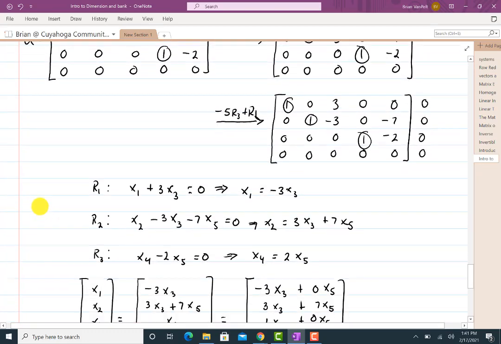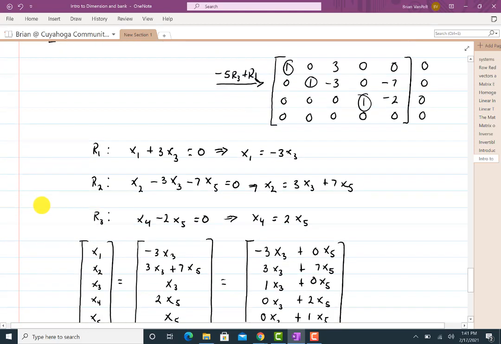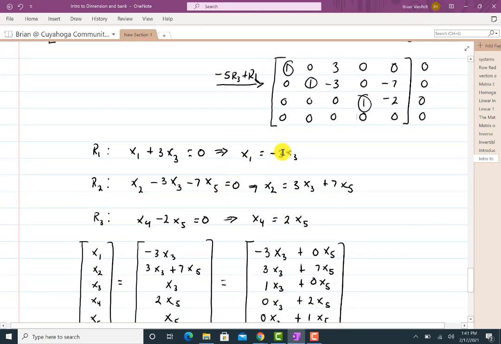However, when we were solving for null A, the things that we were looking for was this, 3x3. See it there? 3x3. And then negative 3x3 is on the other side. And look at this guy right here. For the second row, an x3 appears in the answer, and so does this.